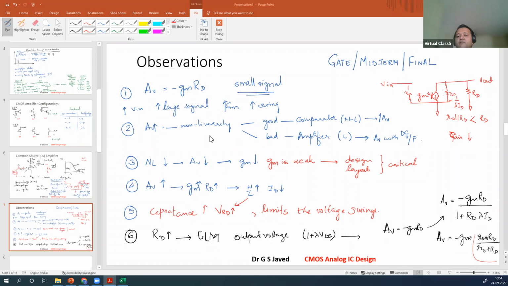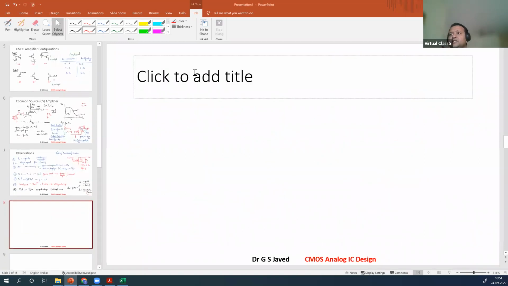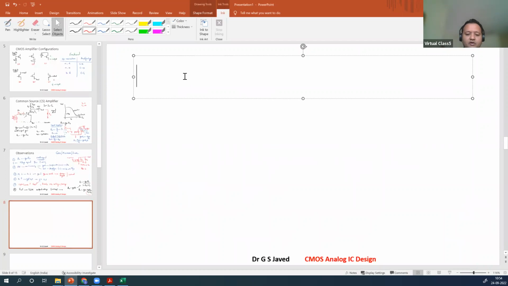Right now, let me take you to a really realistic transistor implementation, which we have already seen in the last class. A realistic implementation of a common source amplifier.